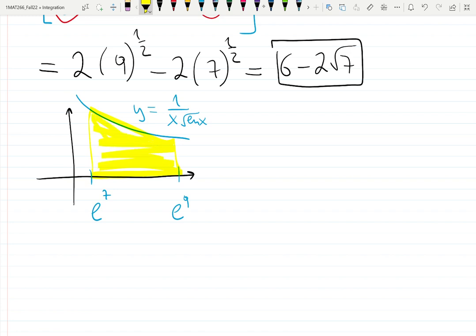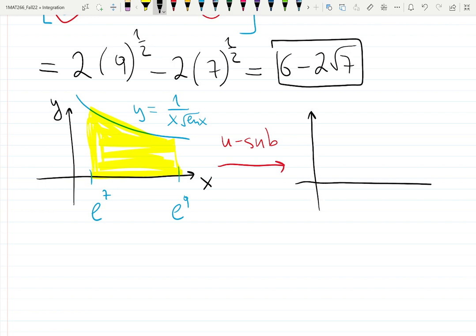It was not easy to integrate as it is, so we performed a u substitution, a transformation which went from x and y into u and y. Now y depends on u, and the whole integral changes into a very simple function: y equals u to the minus 1/2, from 7 to 9.